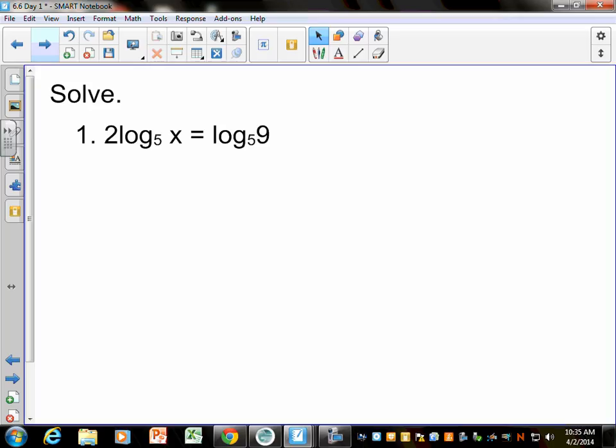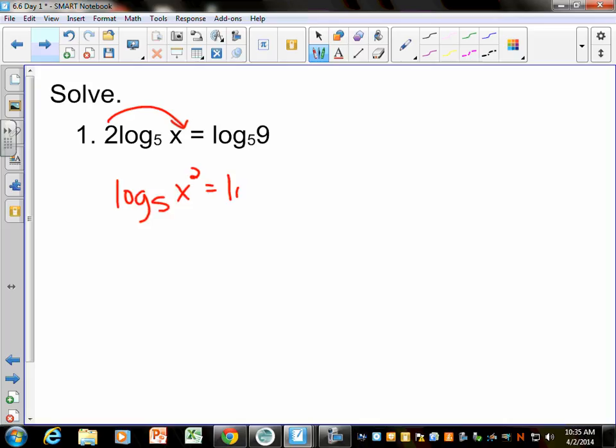The hard part about these is there's just so many different ways to solve them, and you just have to look at them and think what you could do. Anyone have an idea of what we could do? Could I put this 2 back in here as an exponent? So that would be log 5 of x squared equals log 5 of 9.